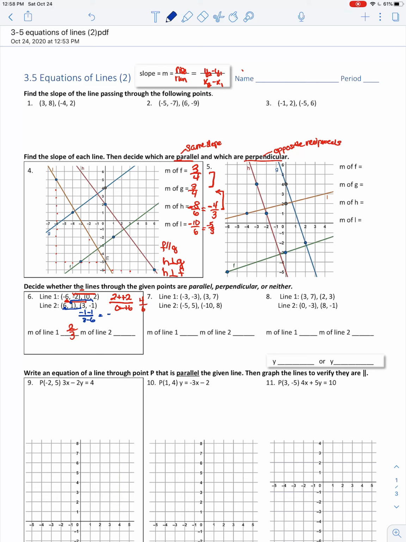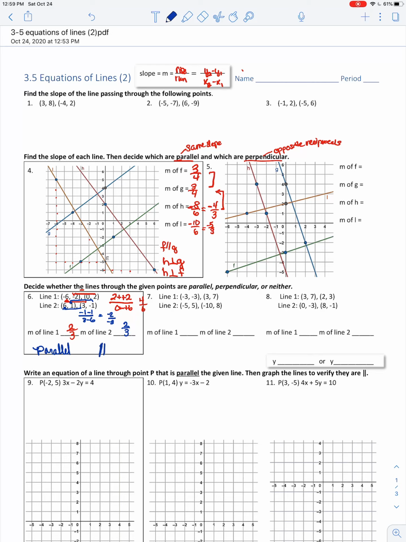We get a -2 over a -3, and a negative over a negative is positive, so that will be 2/3. Because the slopes are the same, these lines are parallel. So you can write the word parallel, or we can simply say parallel with our symbols. So that is how you would do 7 and 8.